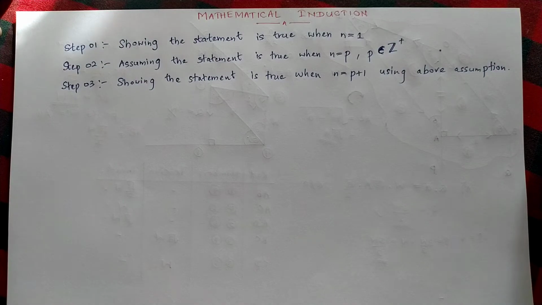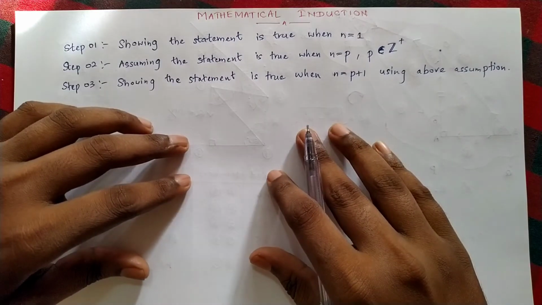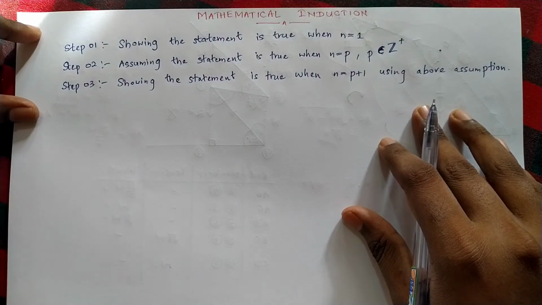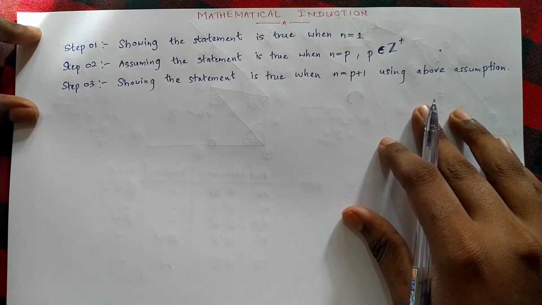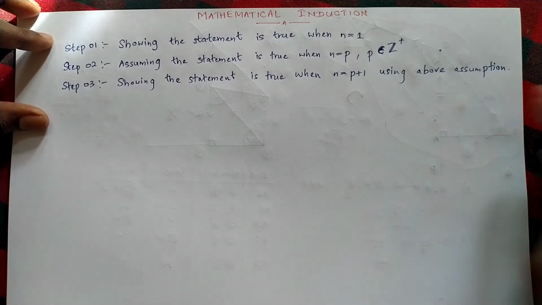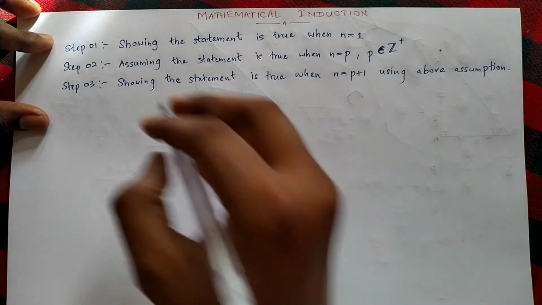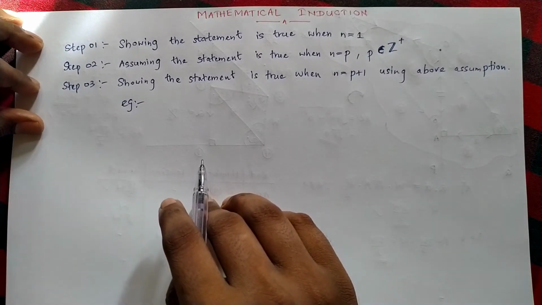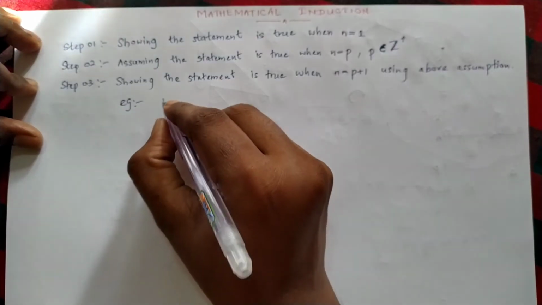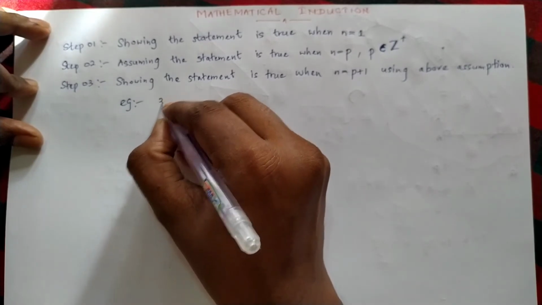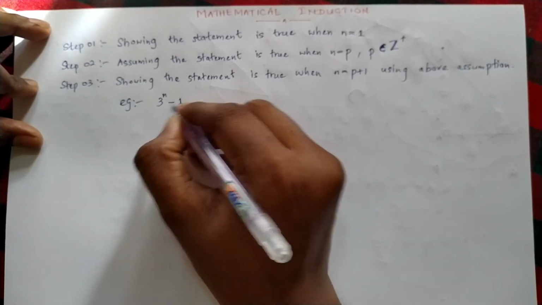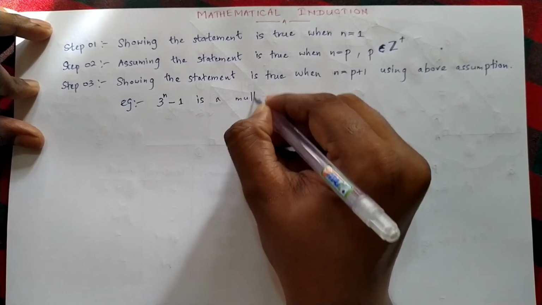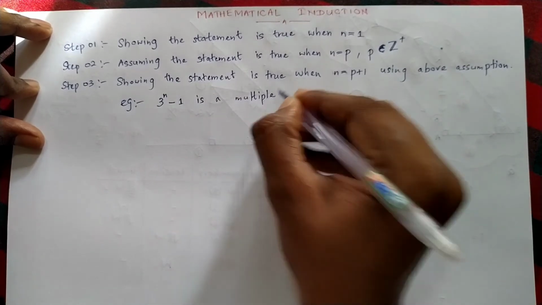Previously, if you have done some questions under principles of mathematical induction, you know these 3 steps. If you are a beginner, I will take an example to show what are these 3 steps. My example is, we have to show 3 to the power n minus 1 is a multiple of 2.